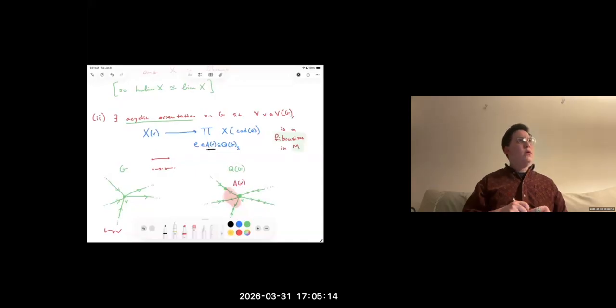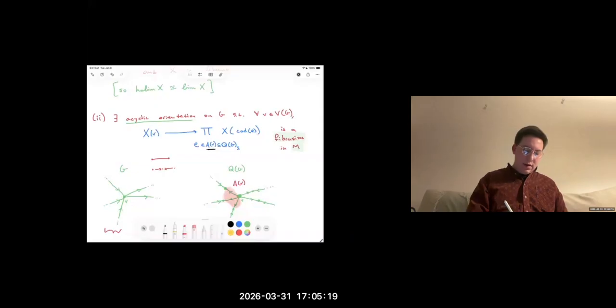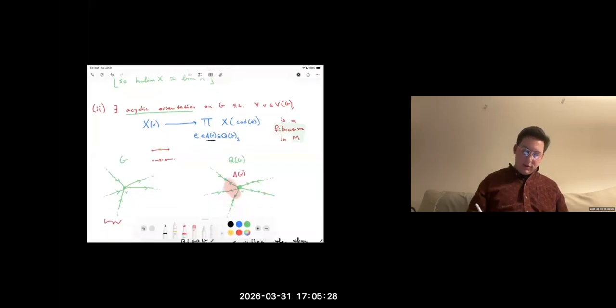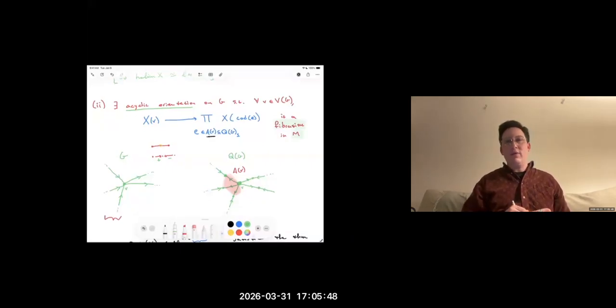Up to changing all of the signs, I could start by assigning any arbitrary arrow direction to this arrow in G, and then say this would be a plus arrow and this would be a minus arrow. If the acyclic orientation agrees with the arbitrary one I already fixed, then that's the plus and minus I assigned to the arrows in Q. If it disagrees with the auxiliary one I already fixed, then I use the minus and plus.